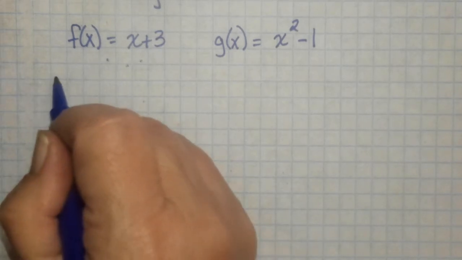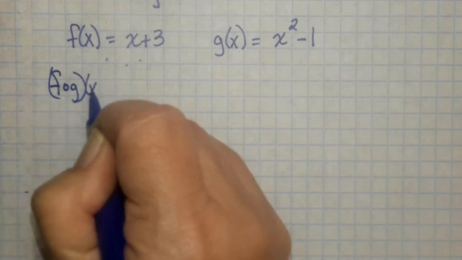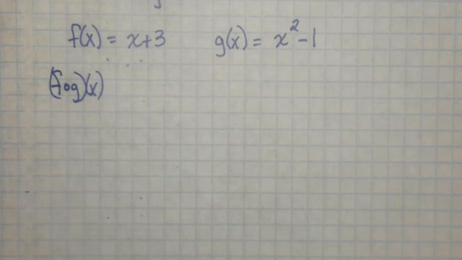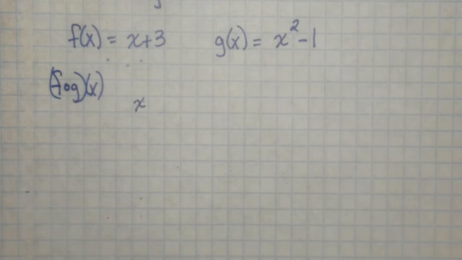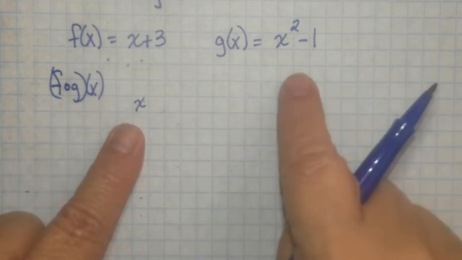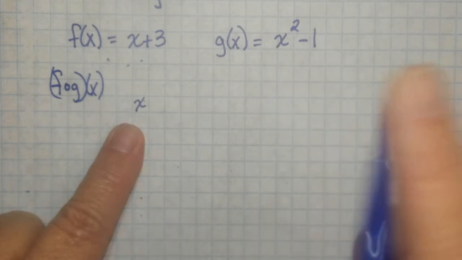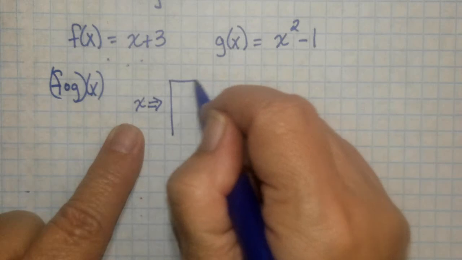So if I take f composed with g of x, or it can be written f of g of x, here's what that means. That means I start with an input of x. And the first thing I do is I put that x into function g.